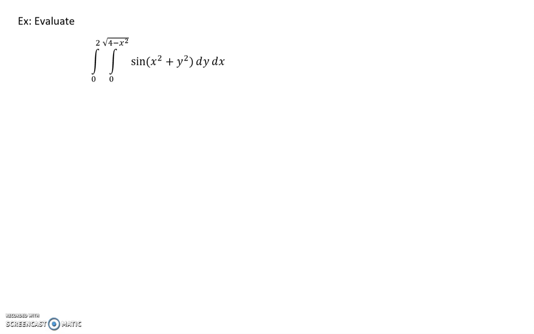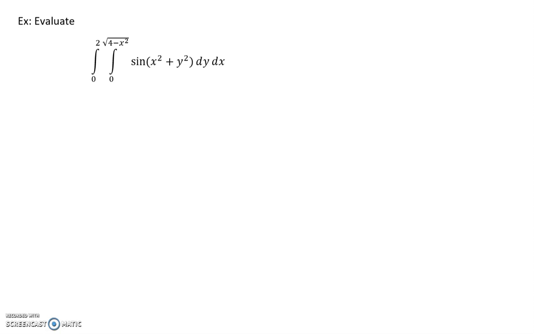All right, here we are with this example where we want to evaluate this double integral from 0 to 2 and then 0 to square root 4 minus x squared of sine of x squared plus y squared dy dx. So, a couple things as we're taking a look at this.